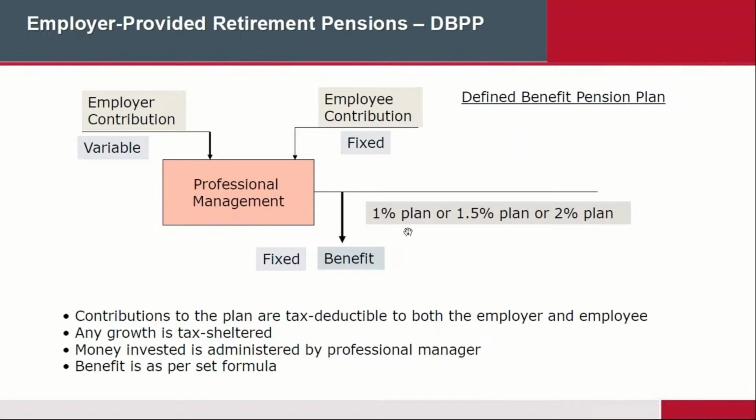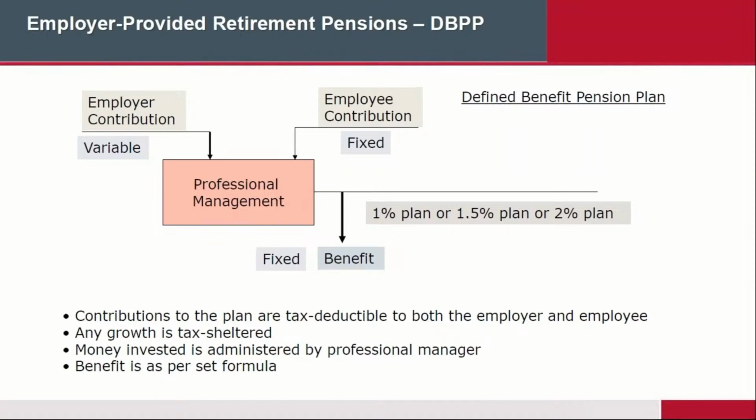That's why we say you're going to get 1% of the earnings at age 65 for the rest of your life, or 1.5%, 2%. On the exam, they're going to ask you a question where the client knows how much money they're going to have when they retire. So if they know what the pension plan is going to be at age 65, then the type of plan that they've got is a defined benefit pension plan.